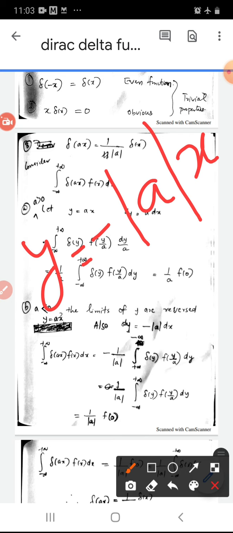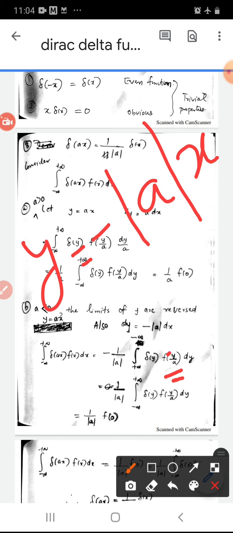And here, since y equal to minus modulus of a times x, when you write into this function, for f of x we are writing f of y by a.